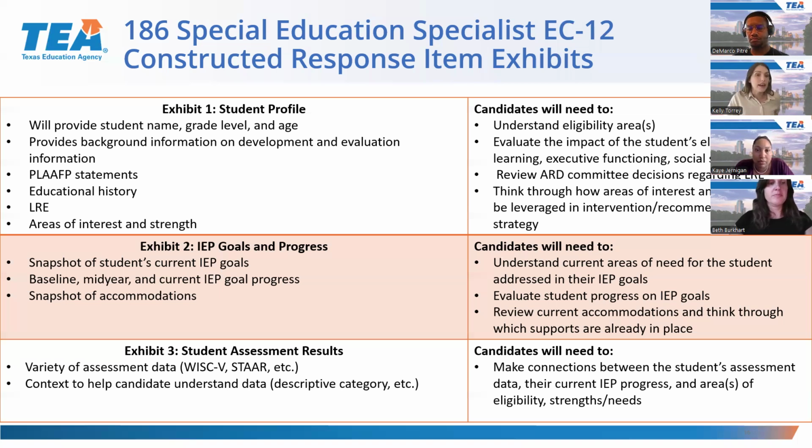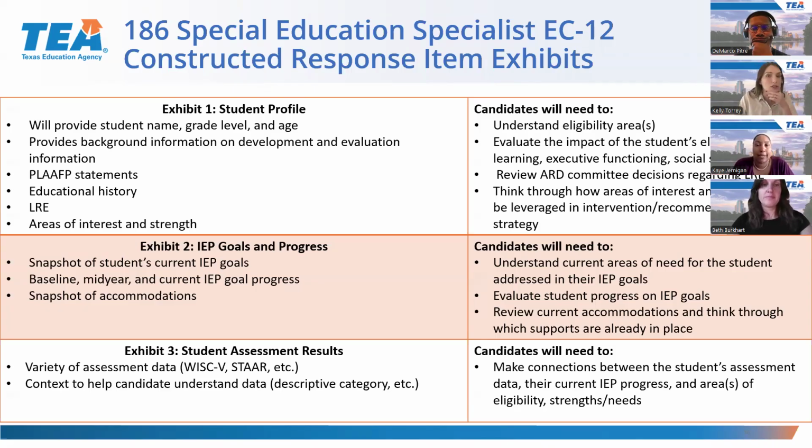So within that first exhibit, that student profile, candidates need to understand the student's eligibility area. They need to be able to evaluate the impact of their students' eligibility area or areas on their learning, their executive functioning, their social skills, etc. They also need to be able to review the ARD committee decisions around LRE and place that in context for the student.